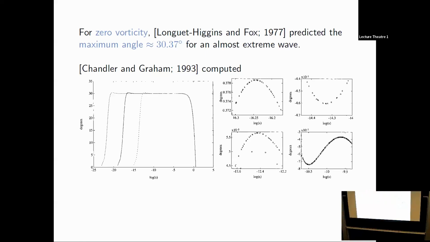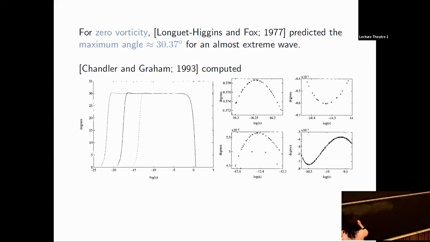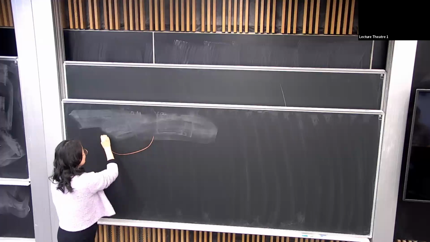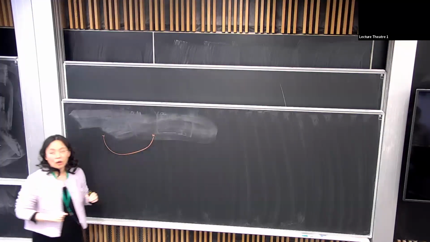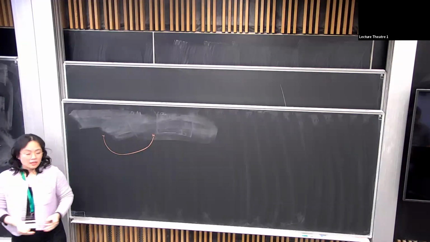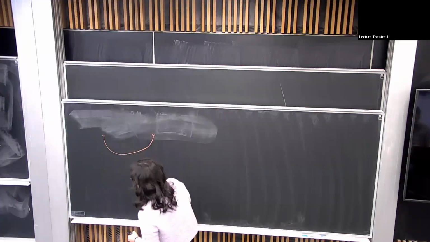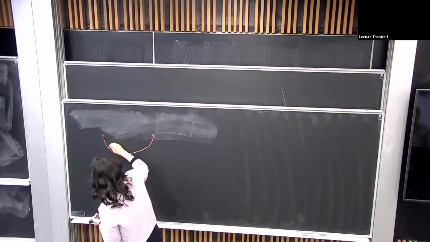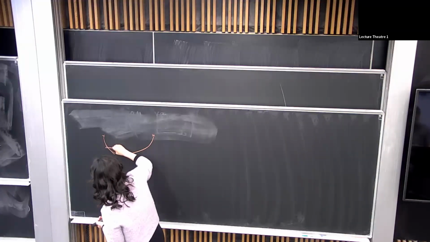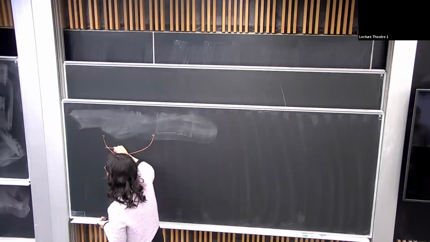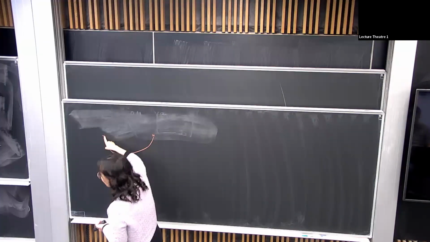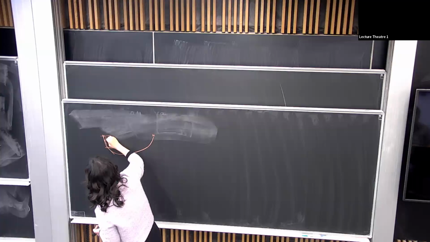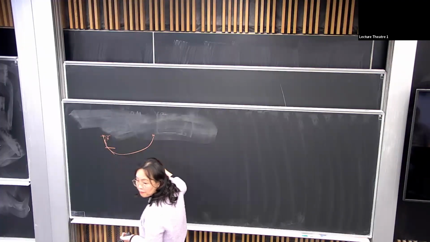So for zero vorticity, for the extreme wave, there's a proof that the profile is convex down between two consecutive wave crests. If we consider the angle that a tangent at a point makes with the horizontal, then the maximum is attained at the wave crest, and this angle, I'm bad with the drawing, this angle is 30 degrees and it's decreasing.